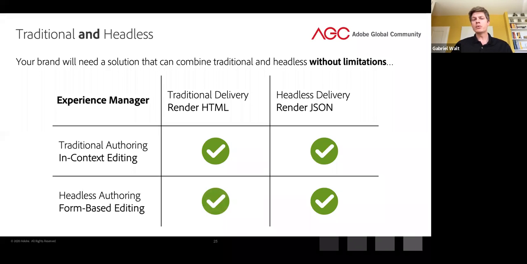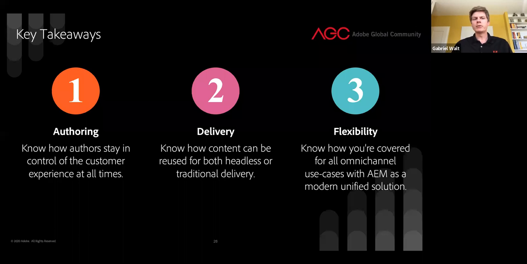And with AEM, what we really get is all four possibilities. So even if we render JSON, we can have in-context editing. And we're not limited to the lower part or to the left part. We really can have also this upper right corner that is ticked. And so with that, I hope that you see how the authors really can keep control of the experience all the time in all situations.